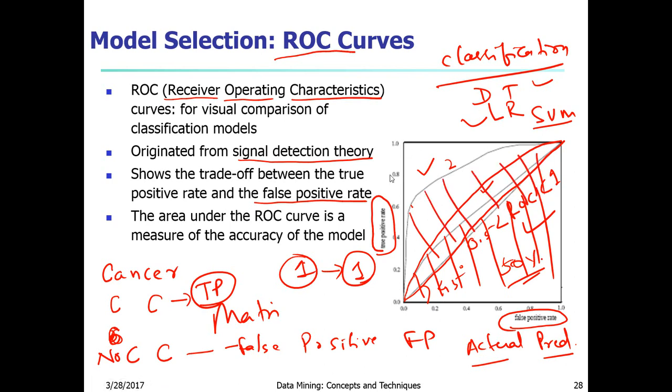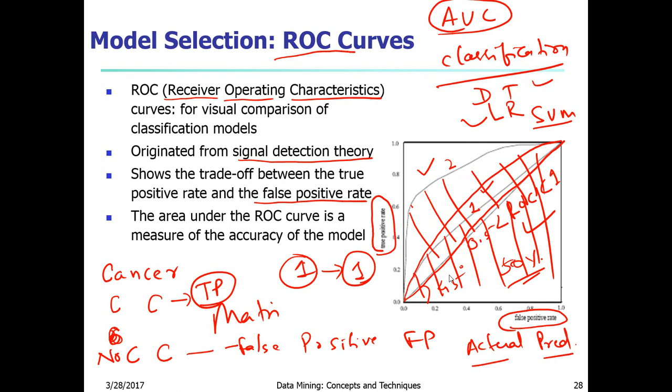Okay, so the area under this ROC curve is known as the AUC, the area under curve. So that gives you sort of the comparison matrix. So the one that is having higher AUC is the better model. So you can clearly see the second curve. If this is the first one and this is the second one, the second one is having better AUC, right?